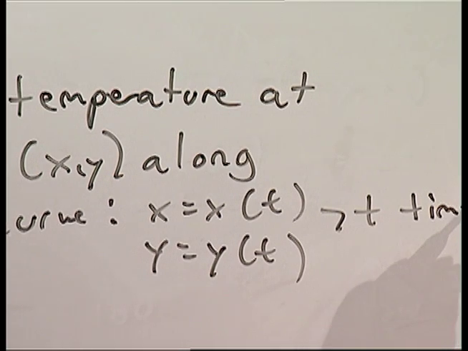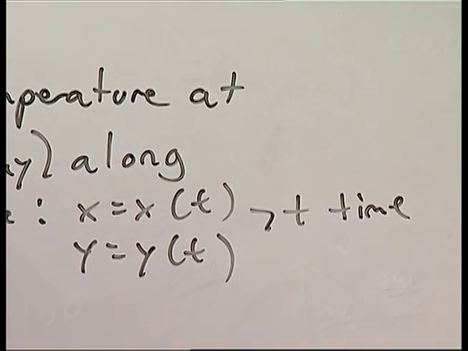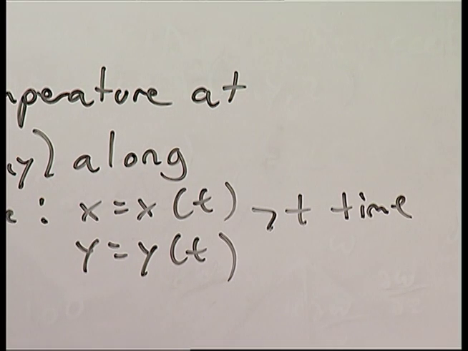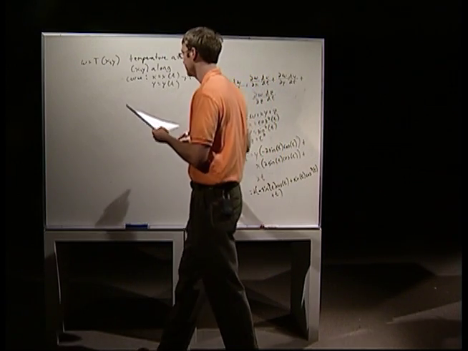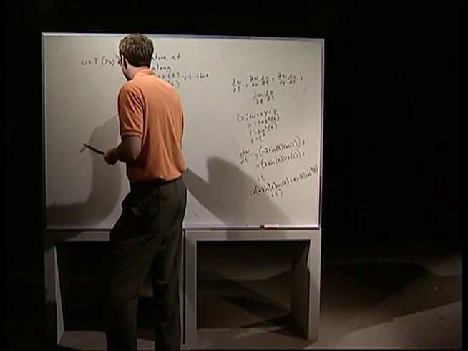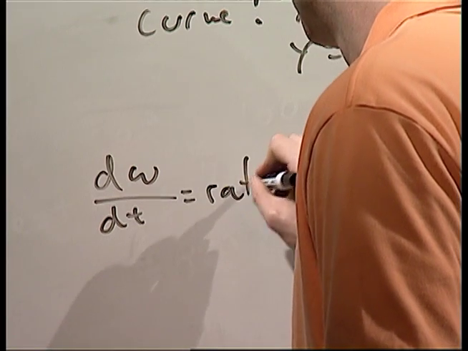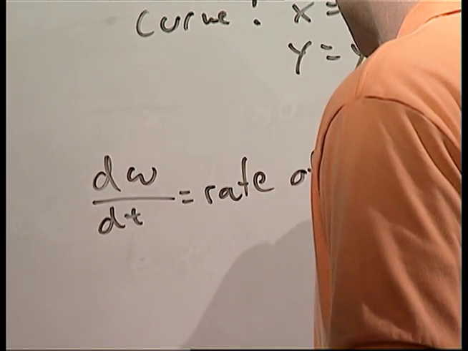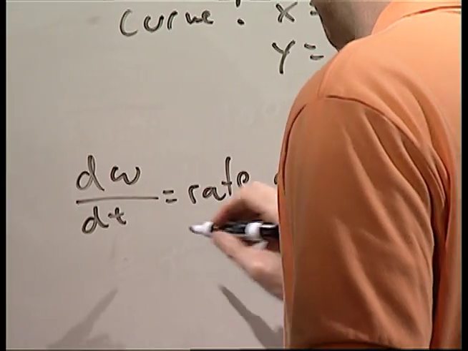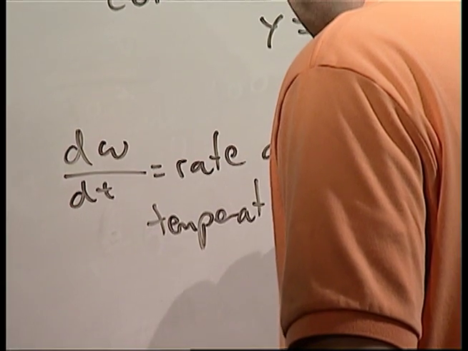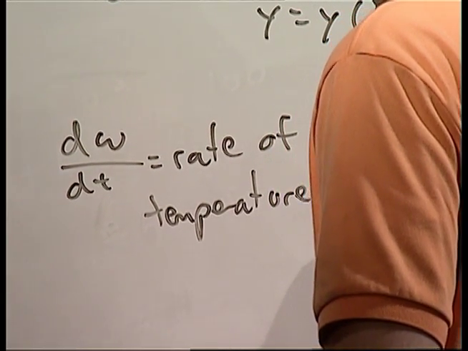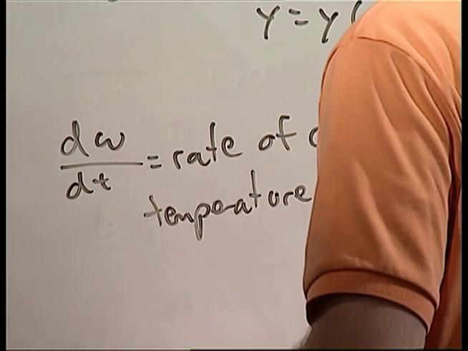So in other words, maybe you're traveling along some path, and the path temperature is changing, so this is a measure of that temperature change. All right? And in that case, dW/dt is the rate of change of temperature as we travel the curve.